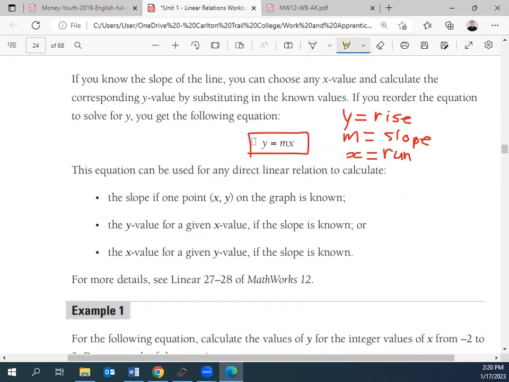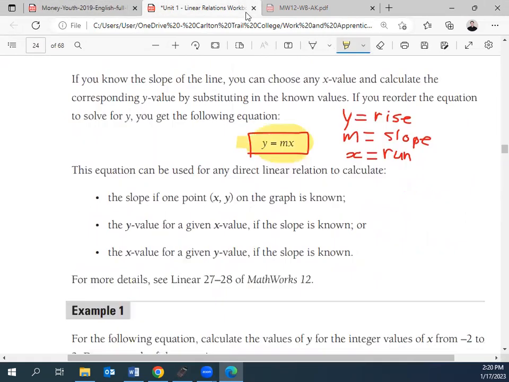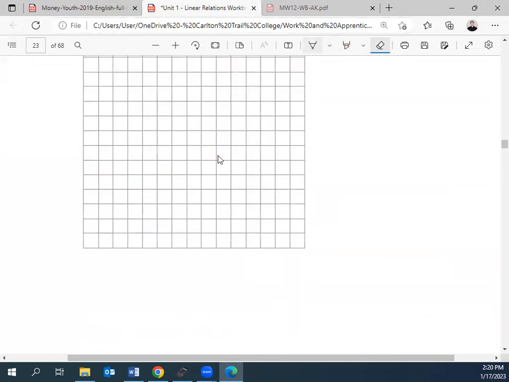So we can use this formula here to calculate a bunch of different things. So let's say, for example, I know what a point is on a line. Let me just erase this. Let's imagine this is 1, 2, 3, 4, and then 1, 2, 3. If I have this point here, x is 2 and this is 1.